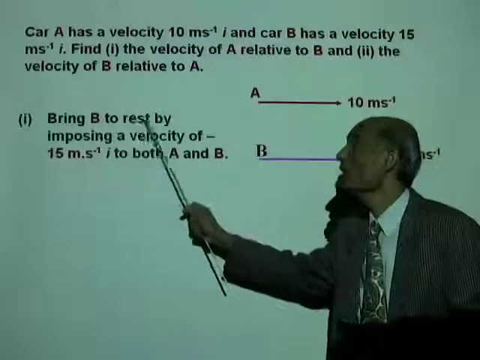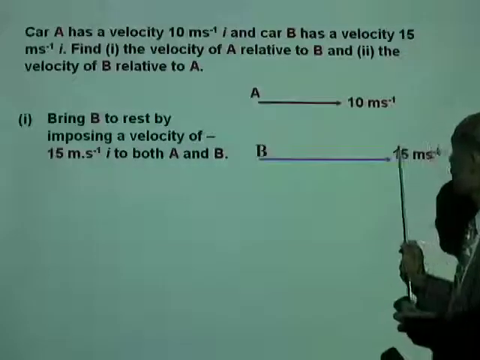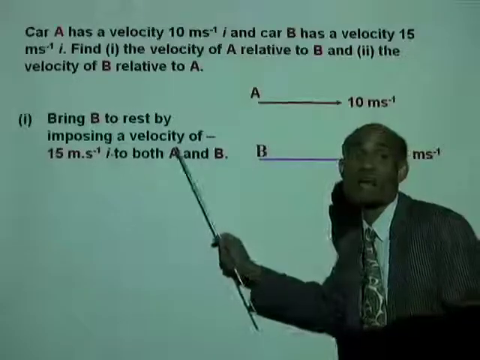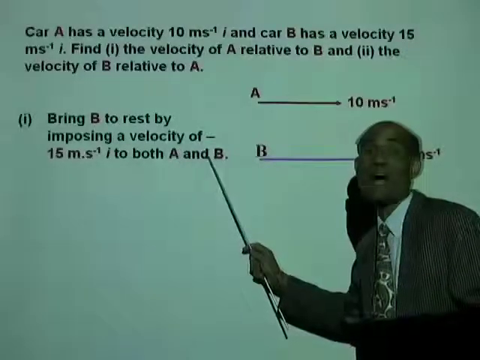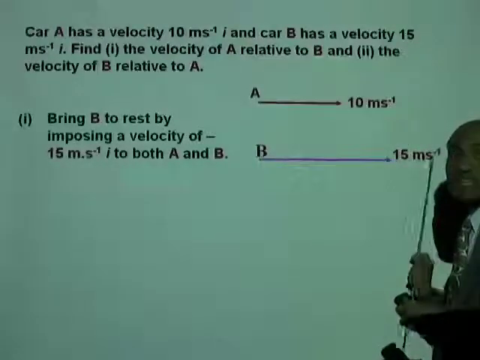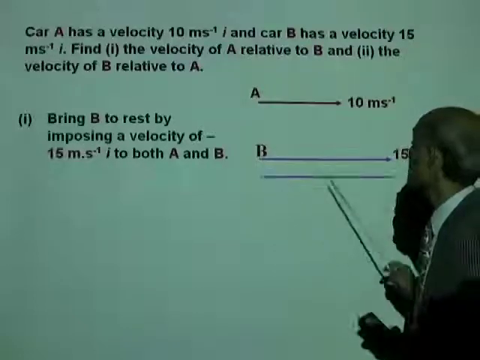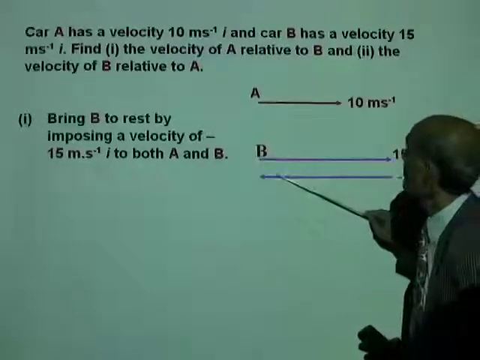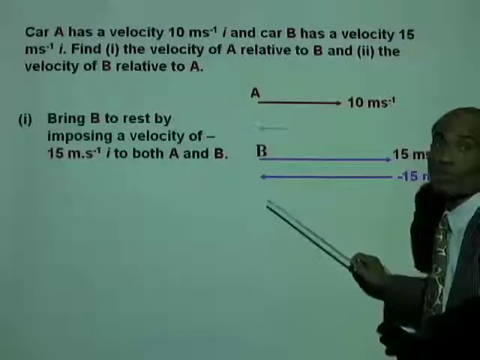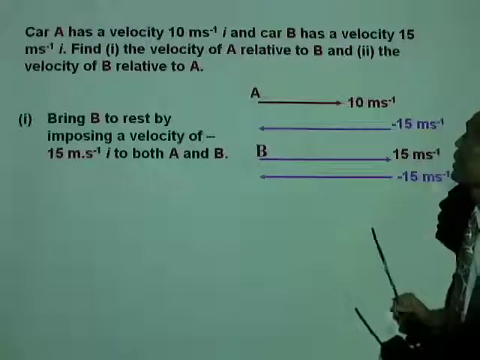So bring B to rest by imposing a velocity of negative 15 meters per second i to both A and B. So impose a velocity negative of the velocity of B to both A and B. So the velocity negative 15 meters per second on B and negative 15 meters per second on A.